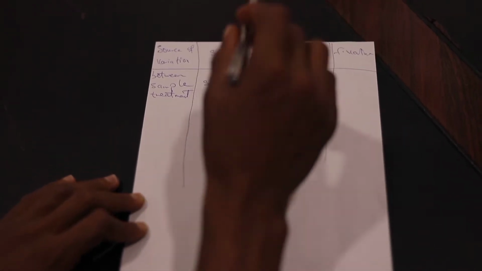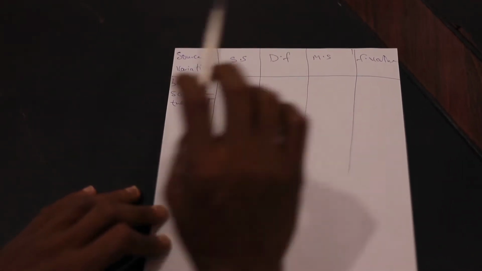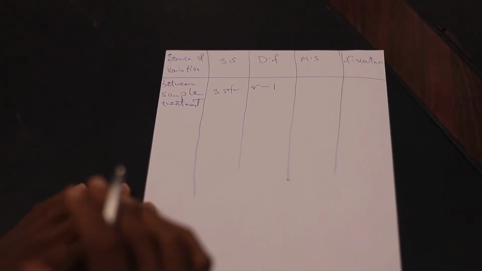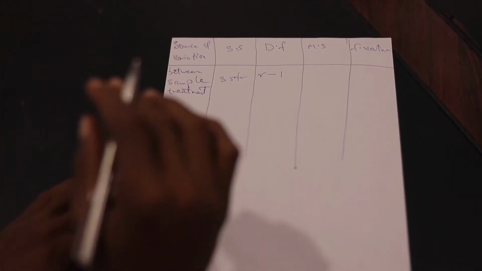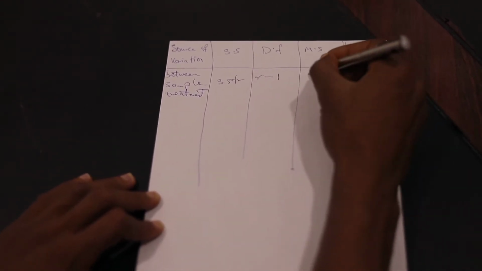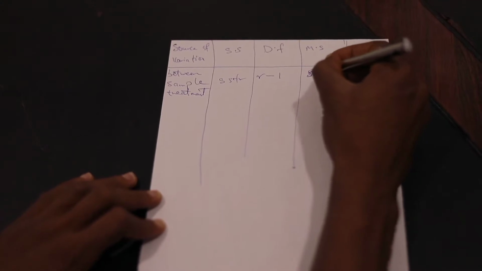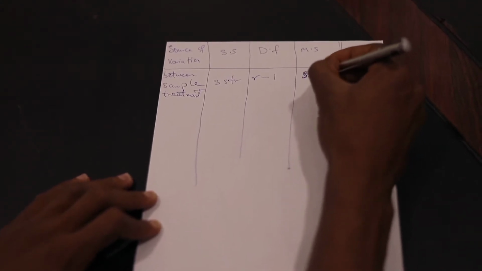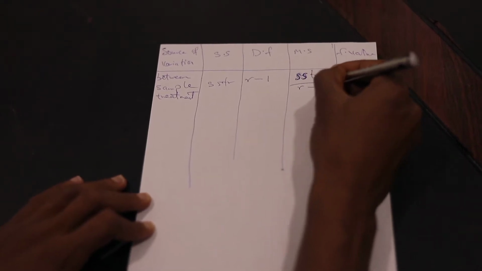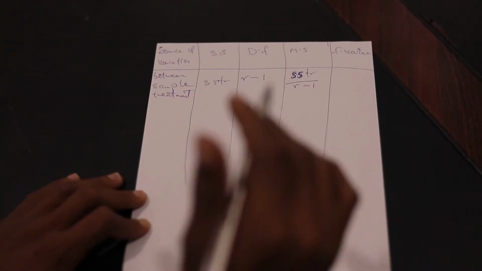The degrees of freedom is r minus 1. It is constant. To get your mean of square, the formula is SSTR divided by r minus 1, which has its own constant figure.